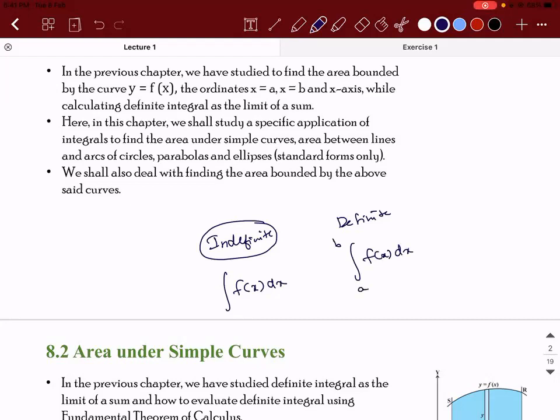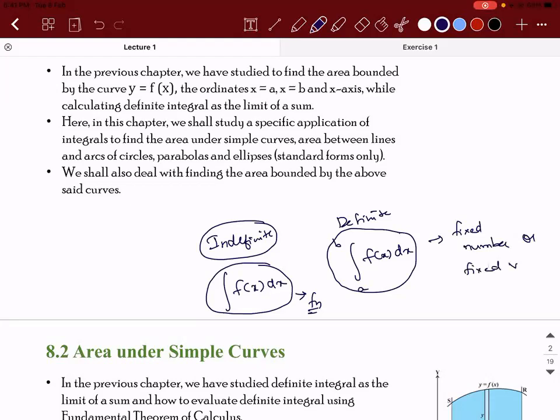In the case of indefinite integrals, the output will be another function, which is technically called an antiderivative, whereas in the case of a definite integral, it will be a fixed number, or a fixed value.